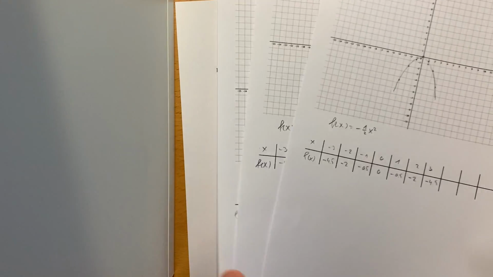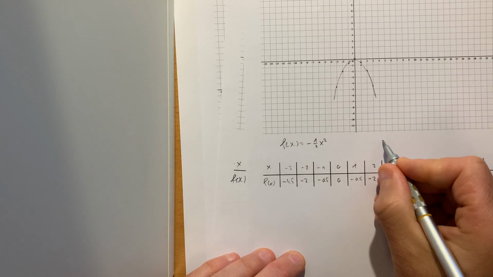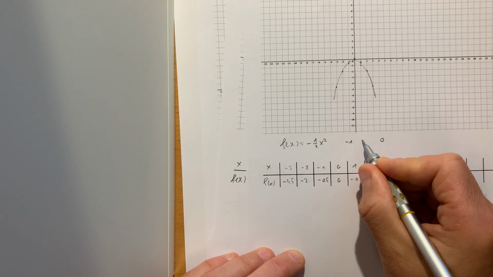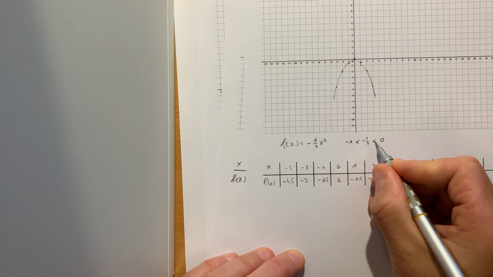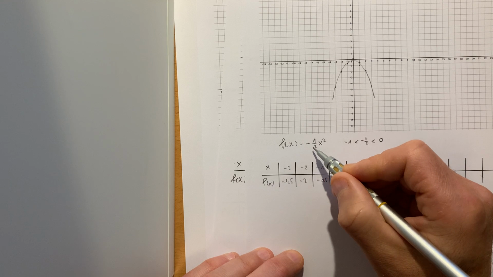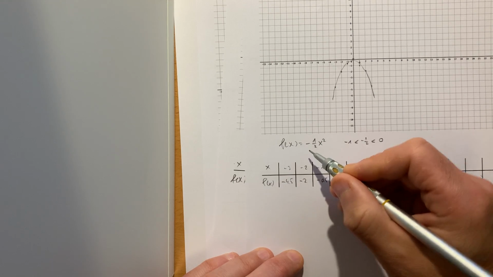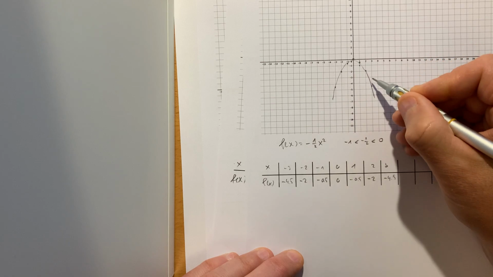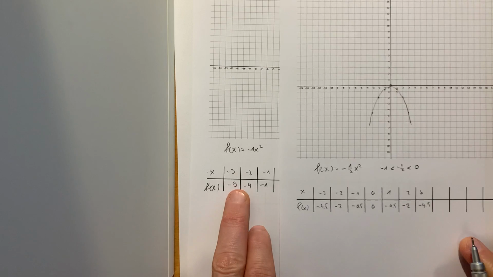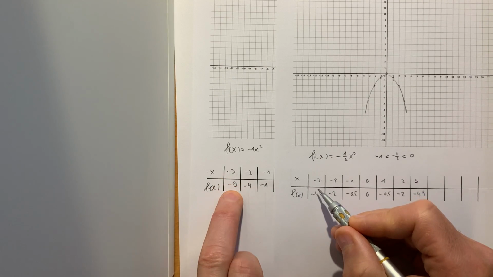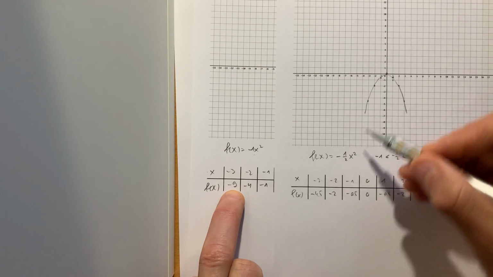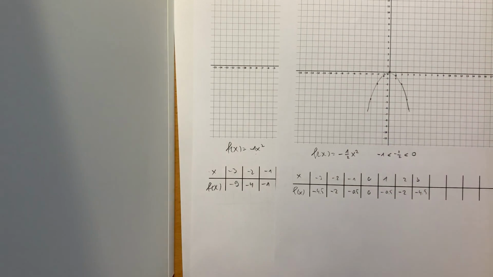Look, minus 1/2 is between 0 and minus 1. And everything had to be multiplied by minus 1/2, which halved the values. When you compare it with this one, at minus 3 you get minus 9 here, and here at minus 3 you get minus 4.5. So it's a vertical shrink because everything was divided by 2.